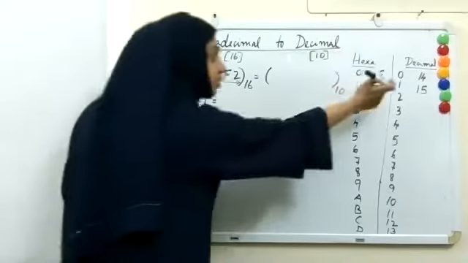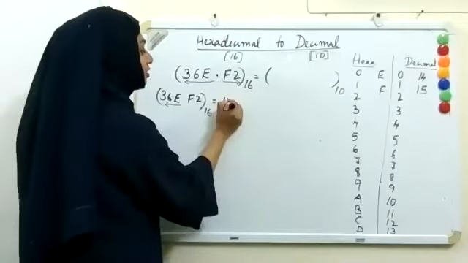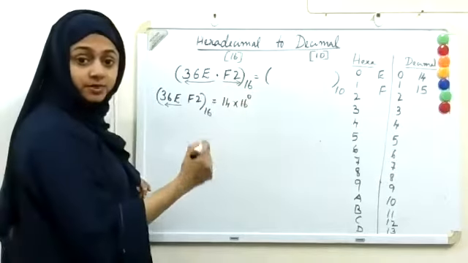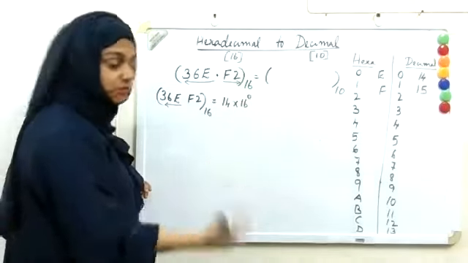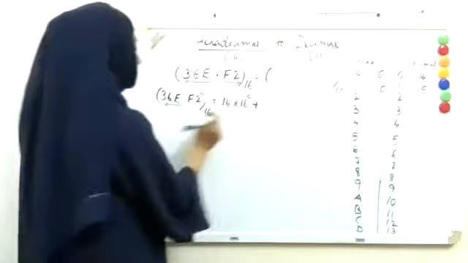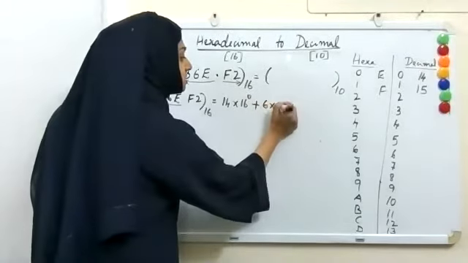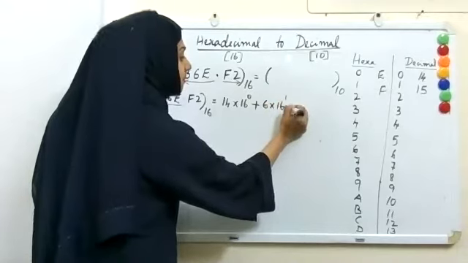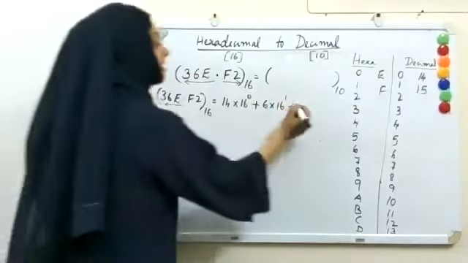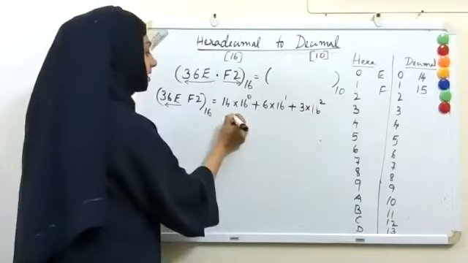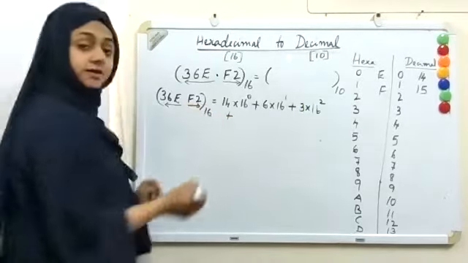E corresponds to 14, so 14 times 16 raised to 0. We'll start with 16 raised to 0. Plus, next digit is 6, so 6 times 16 raised to 1. Plus 3 times 16 raised to 2.